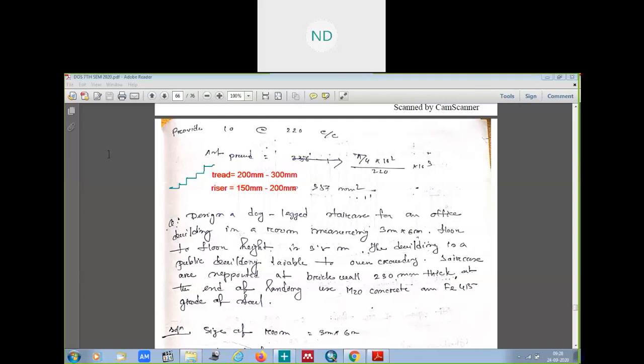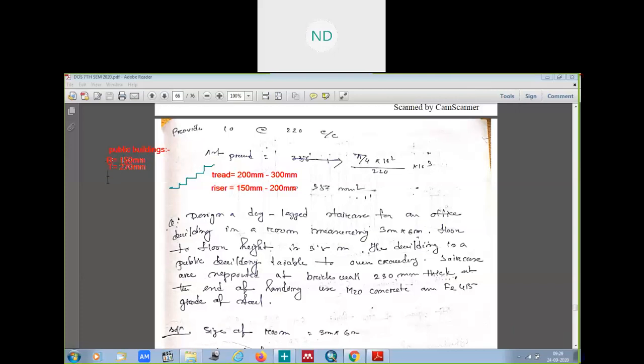Depending upon this range, we also have values for public buildings. Generally in public buildings, suppose our riser is taken to be 150 mm, and our tread is taken to be 270 mm.